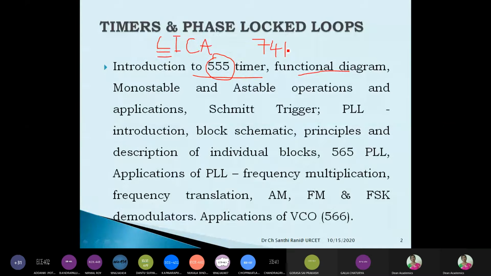In Unit 3, we studied various linear and non-linear applications of op-amp.